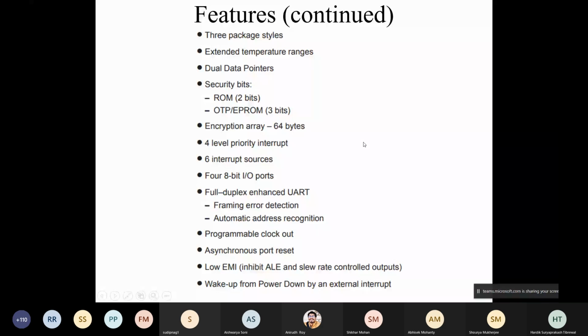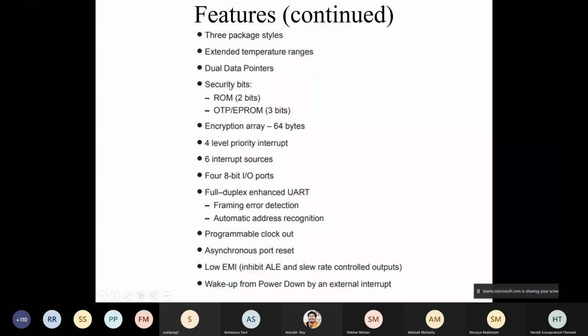And for pointing data, something like a program counter is also there in 8051, called data pointers. There are two data pointers. That means you can indicate two different data regions in the RAM memory. We'll see the application with coding. At that time, these data pointers and program counter will be clearer to you.